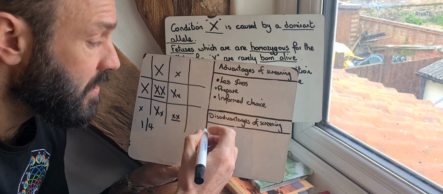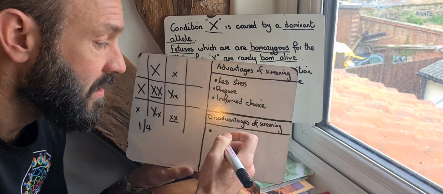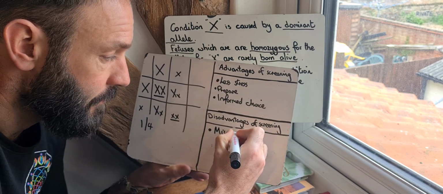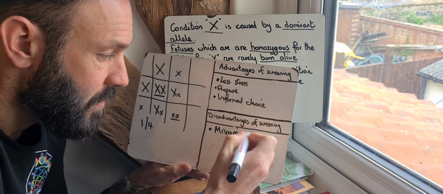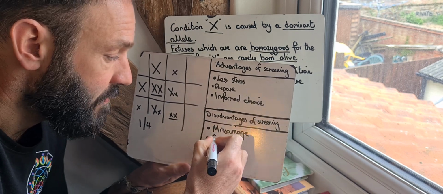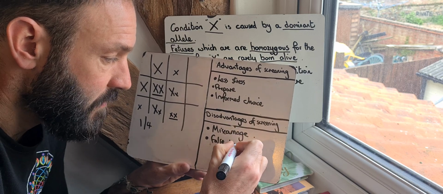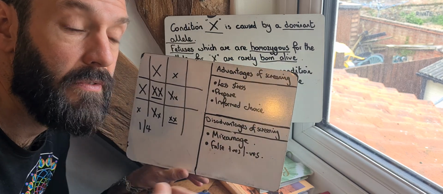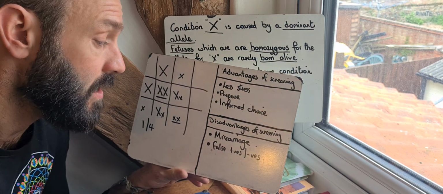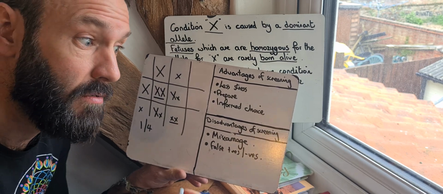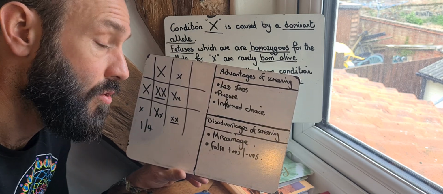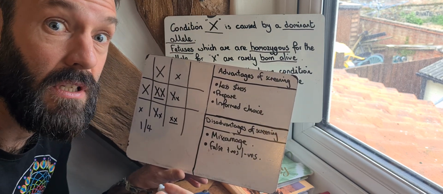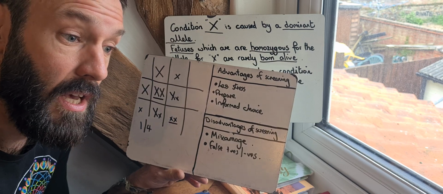Disadvantages of having screening, guys, is that being screened or tested, if you're removing cells, there is a risk of miscarriage. Okay, there is a risk that you have false positives or negatives, which could lead you to keeping a baby if you think it's going to be healthy, but actually the test was wrong and it comes out and you're not prepared for the worst, or that you abort a baby thinking it's going to have the disease, but actually it doesn't, and so that's a thing to think about.